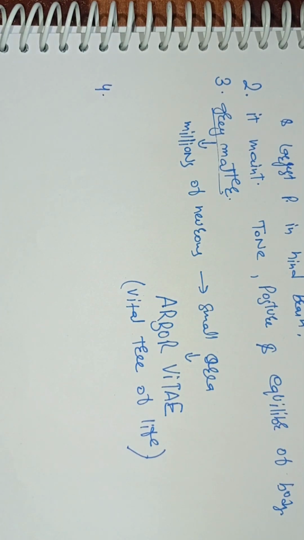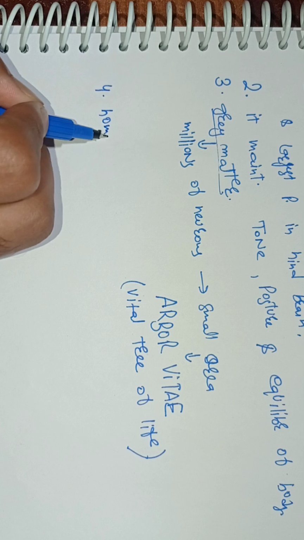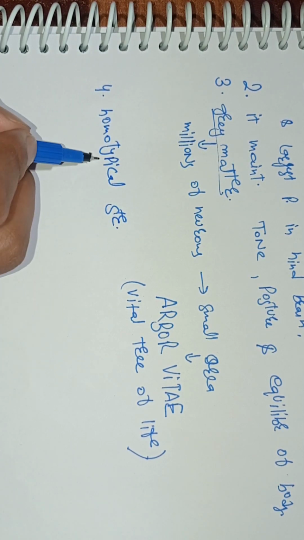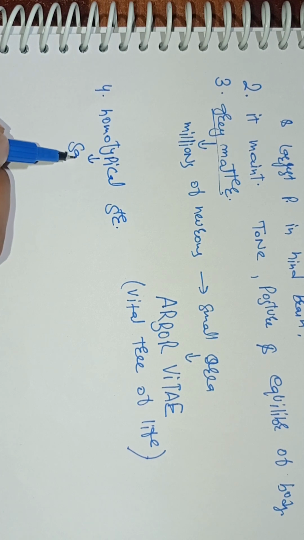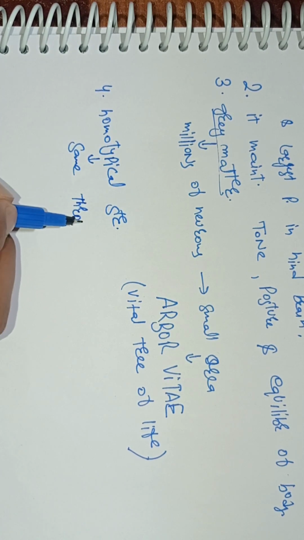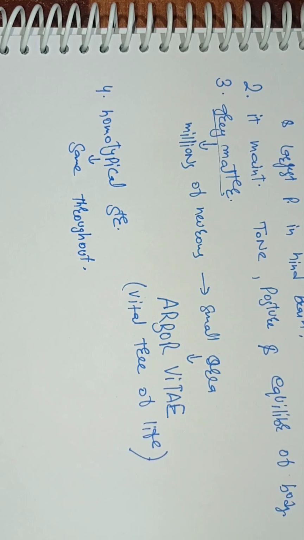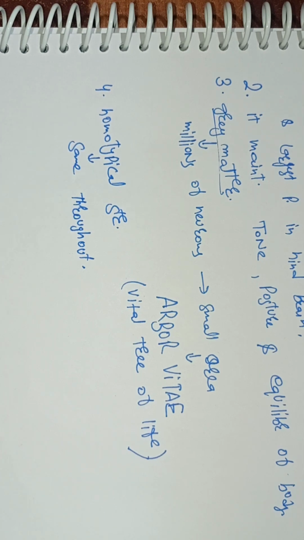Number fourth point, the structure of cerebellum is homotypical. What do you mean by homotypical structure? Homotypical means same throughout, or uniform throughout. While if we compare the structure of the cerebellum to cerebrum, the structure of cerebrum is heterotypical, that's not same throughout, but the structure of cerebellum is homotypical, that's same throughout.